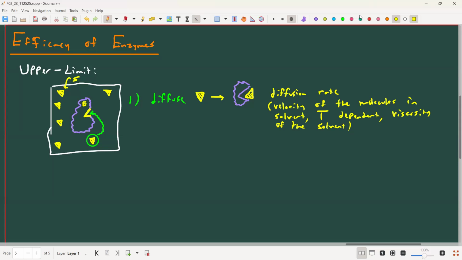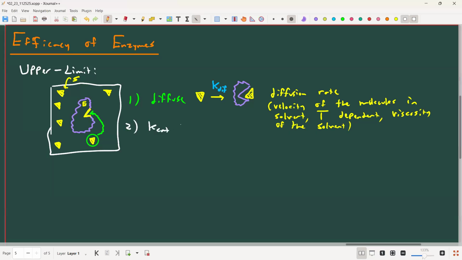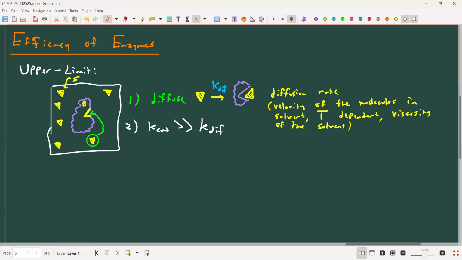So this has some K diffusion rate. And then K cat, what we're going to say is that K cat is much, much, much faster than K diffusion. So the idea is that it takes some time for things to meet.